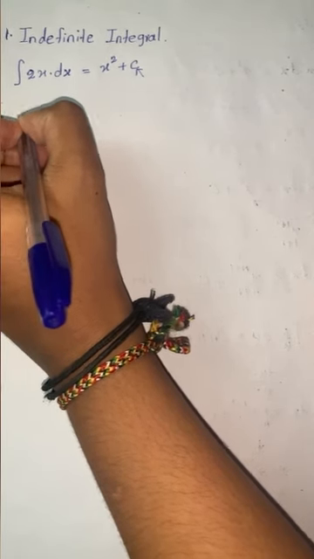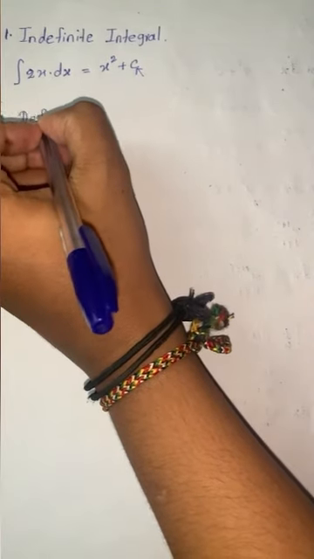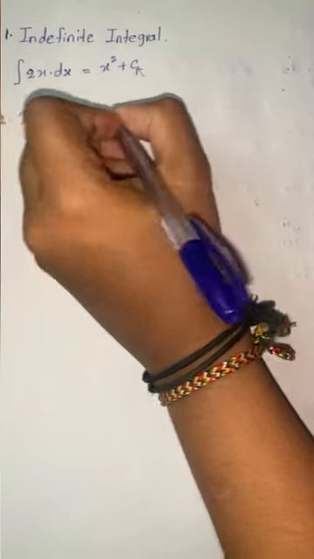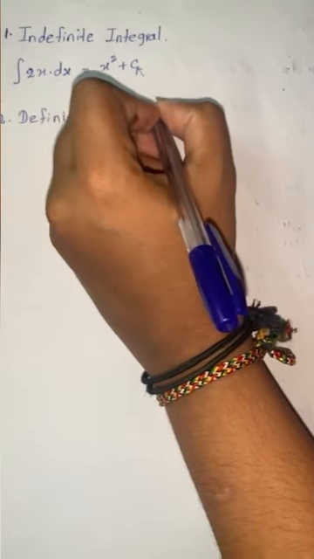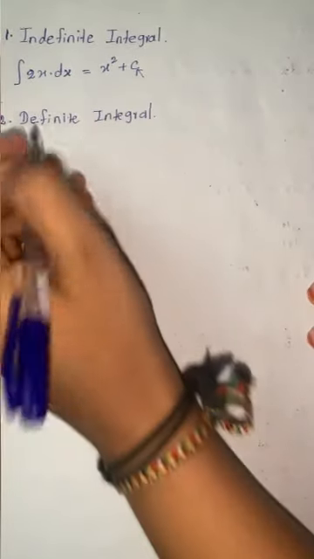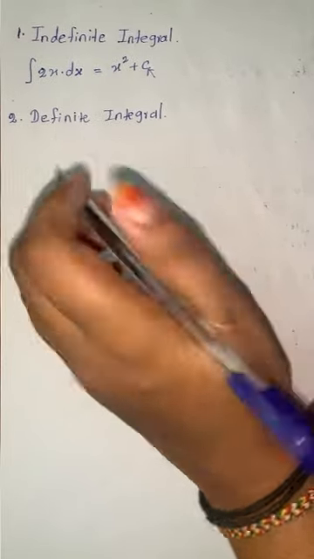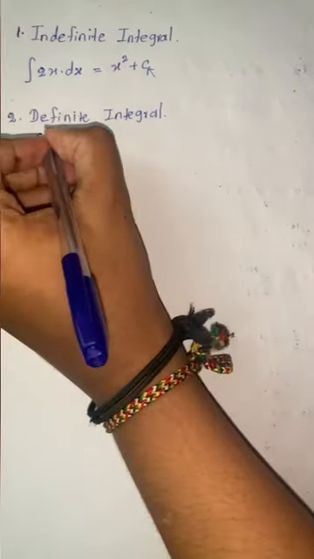Okay, let's move on to definite integral. Yes, your guess is correct. In definite integration, we will end up with a definite value. Let's see the same example where we have the value of x between 2 points, like a and b.